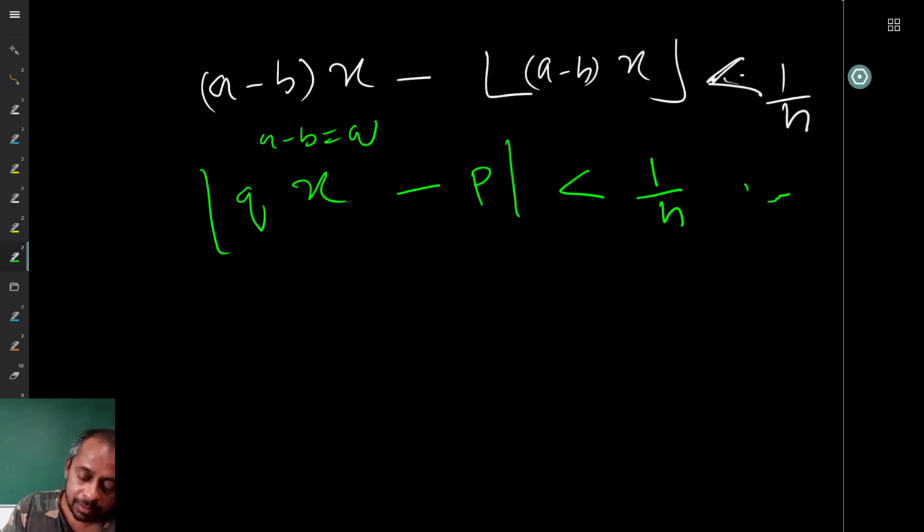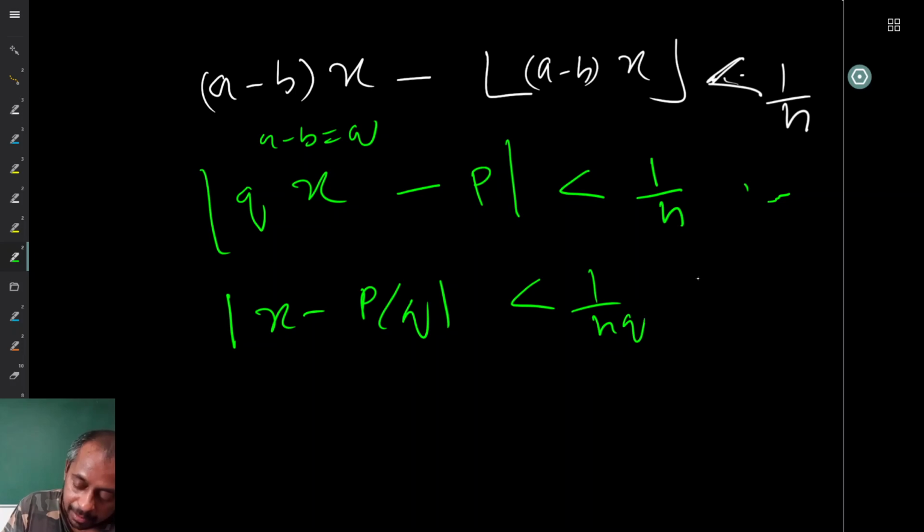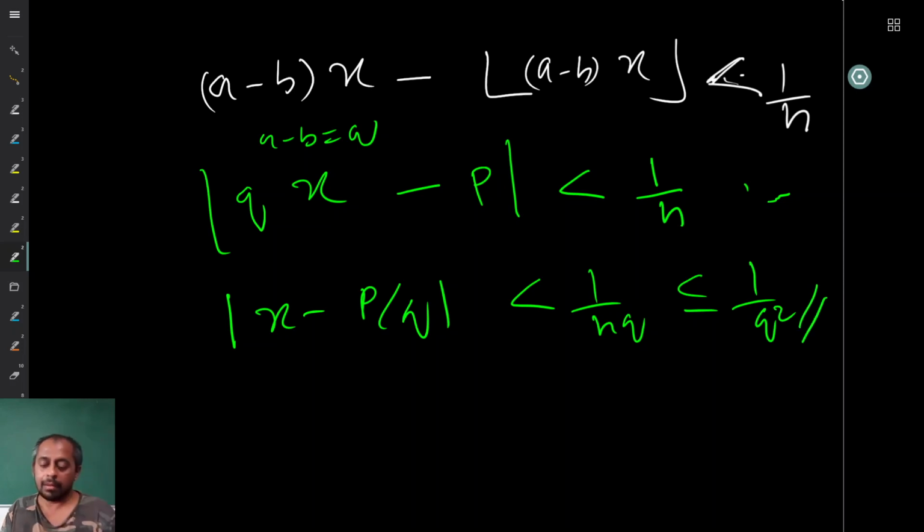Dividing throughout by q, because q is non-zero, since I have taken distinct numbers a and b, the difference is non-zero and in the range 1 to n. I get absolute value of x minus p over q is less than 1 by nq. But now, because q is in the range 1 to n, this is less than or equal to 1 by q squared. And that's what we wanted to prove.